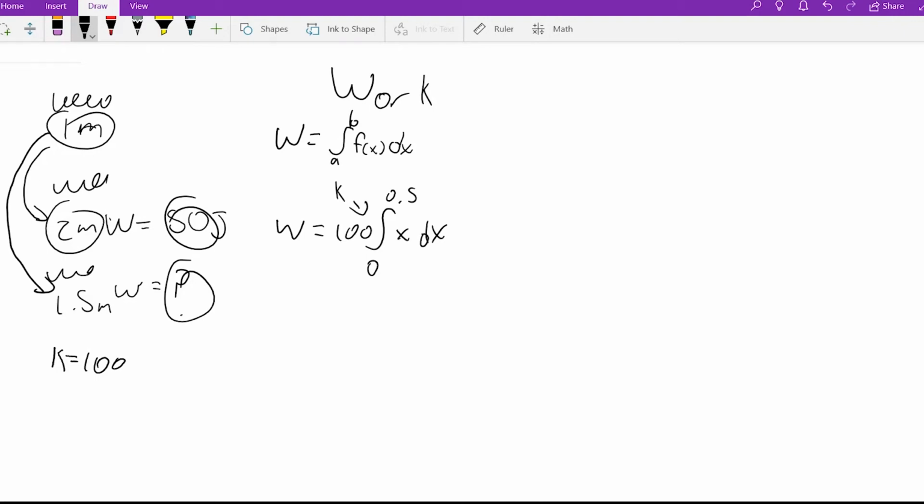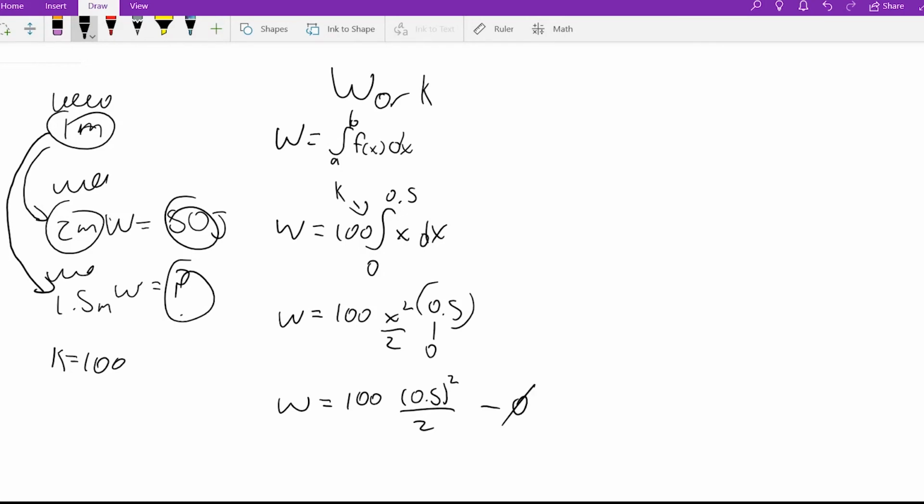So work is going to be 100 times x squared over 2, evaluated from 0 to 0.5. Then we evaluate these values in x. So work is going to be 100 times 0.5 squared over 2 minus 0.